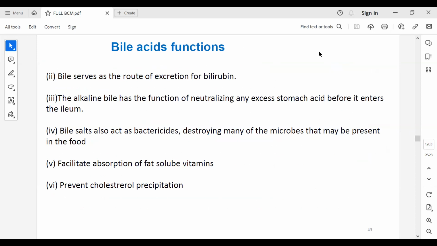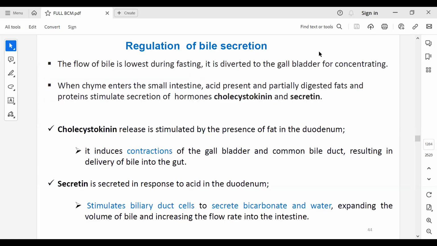It's also alkaline in nature, so it neutralizes the acid. Bile salts are also bactericidal, so they can destroy most of the bacteria. They also facilitate absorption of fat-soluble vitamins because they can solubilize these and prevent cholesterol precipitation.